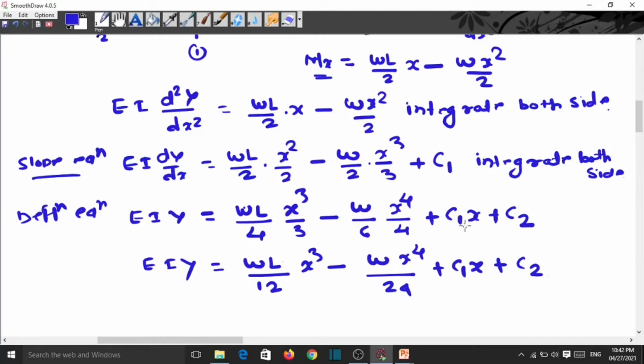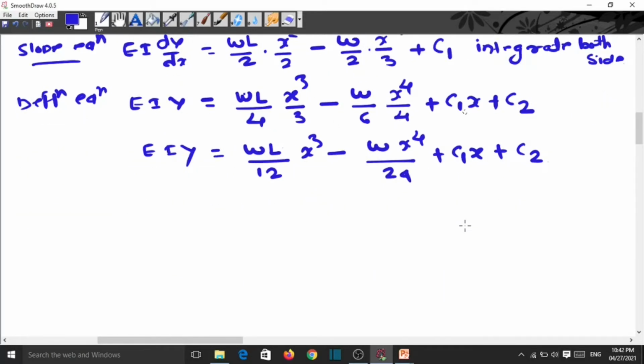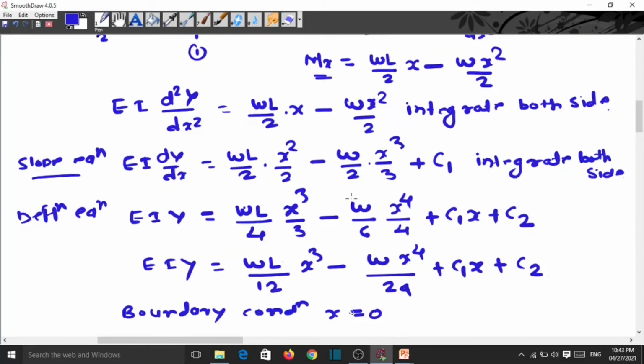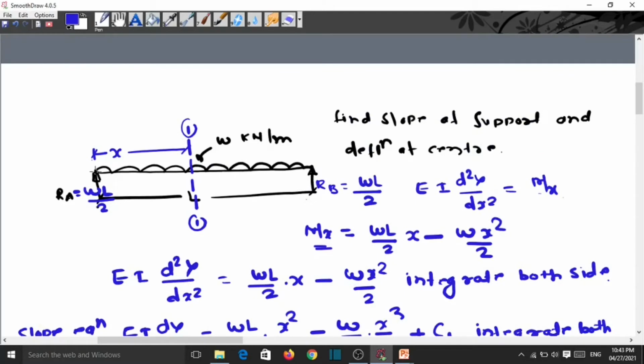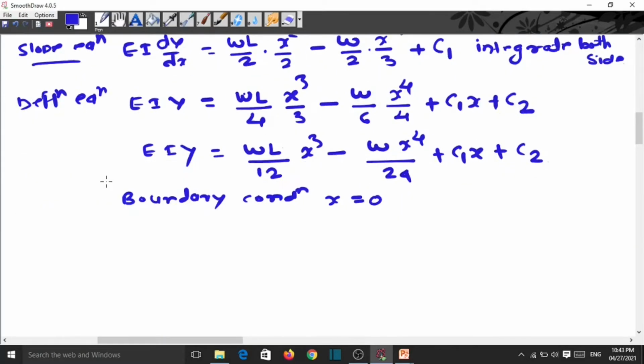For that we have to apply the boundary conditions. When x is equal to 0, meaning at the support A, the deflection is equal to 0 because at the support there is no deflection. So y equals 0.